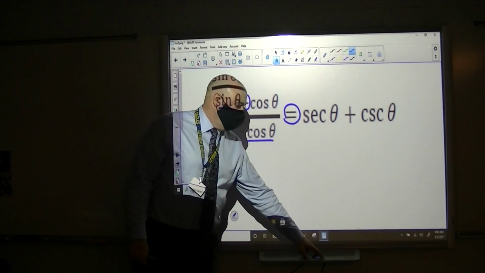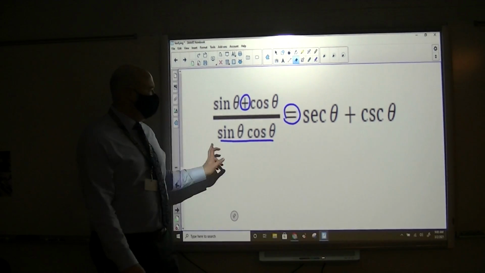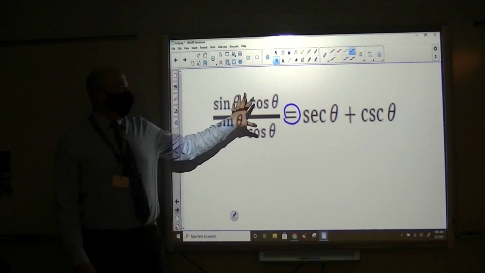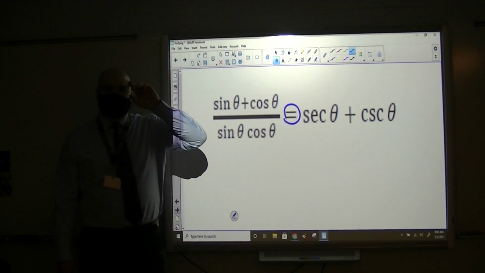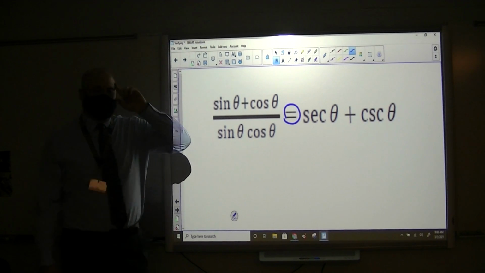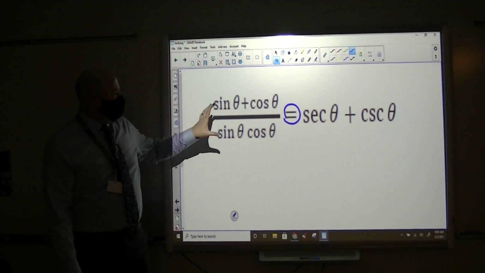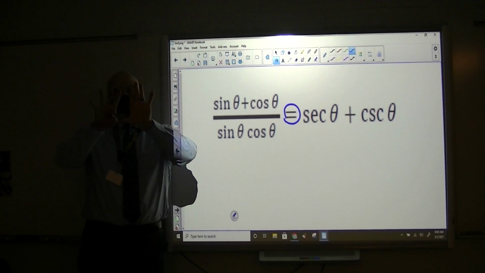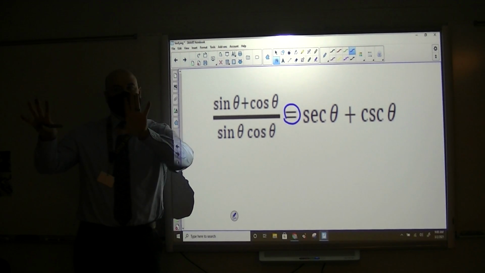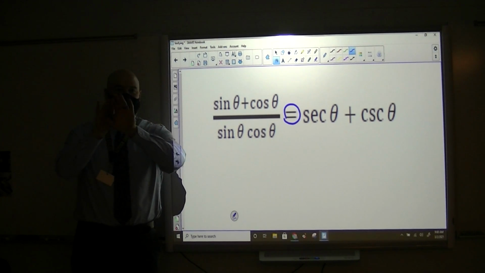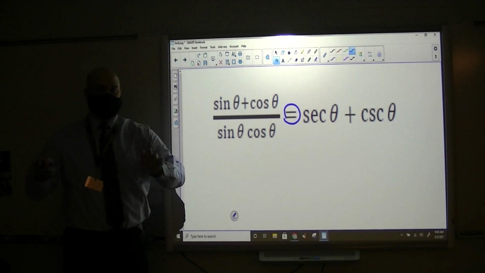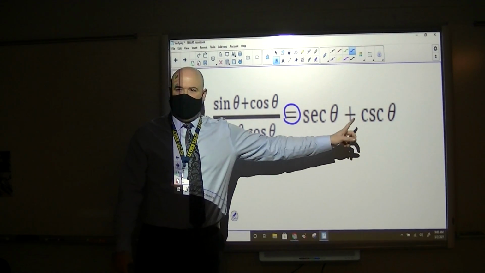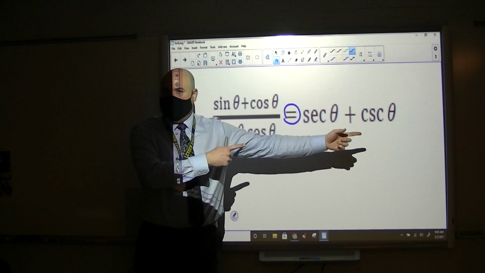The question becomes, do I want to decompose this fraction? When you look at this, this is one fraction. Stay with me. Let's strengthen these neural networks we're creating in our brains. Decomposing means taking 1 and making 2. Would it be a good idea to take this one thing and turn it into 2 things, knowing that I want it to be the same as this side?